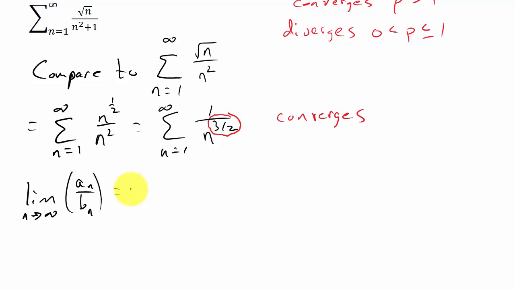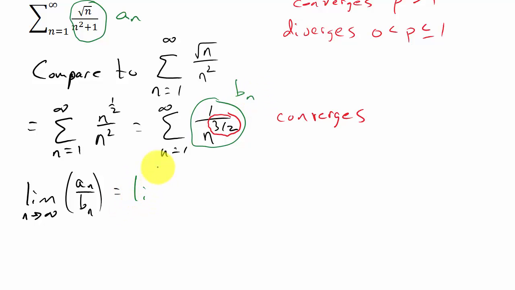We have to evaluate this limit. And this series here is going to be a sub n, and this is going to be b sub n.